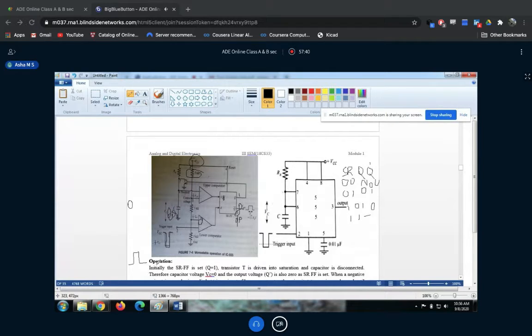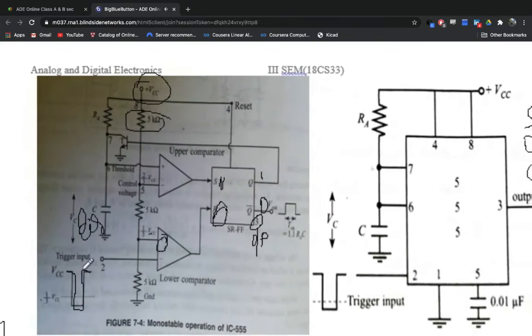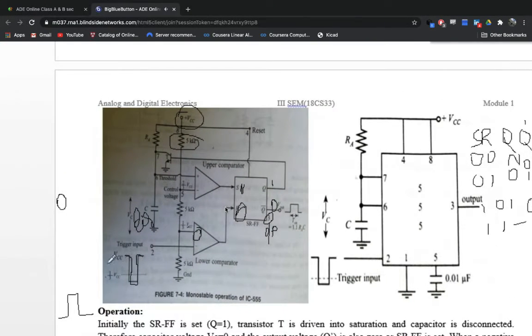But what are we applying now? We are applying a negative going trigger at pin number 2. Now what happens when the voltage at this point is 1/3 VCC? Here we have 0. From VCC, you will have 2/3 VCC somewhere here, and here you will have 1/3 VCC.